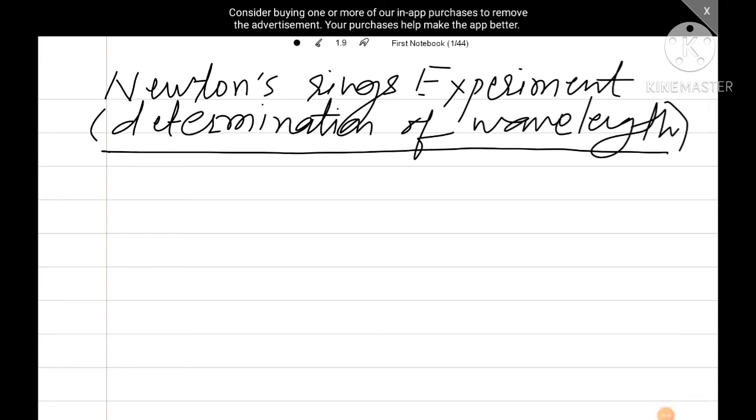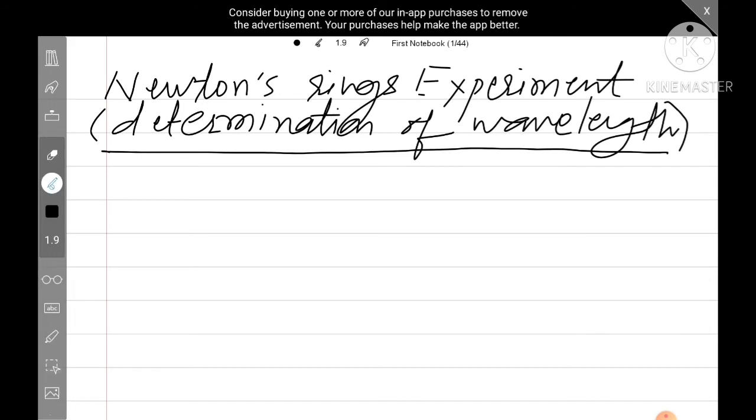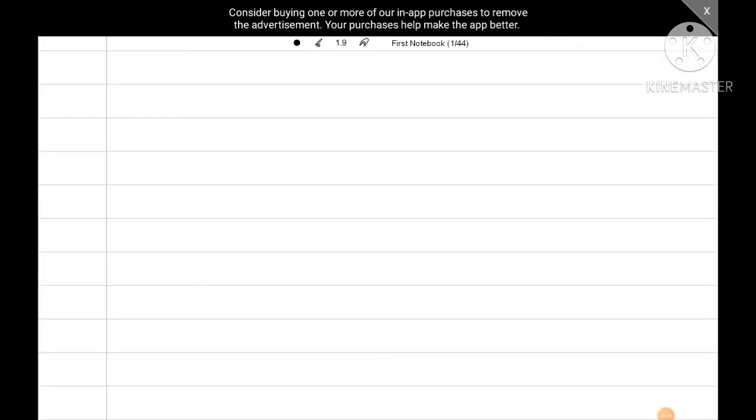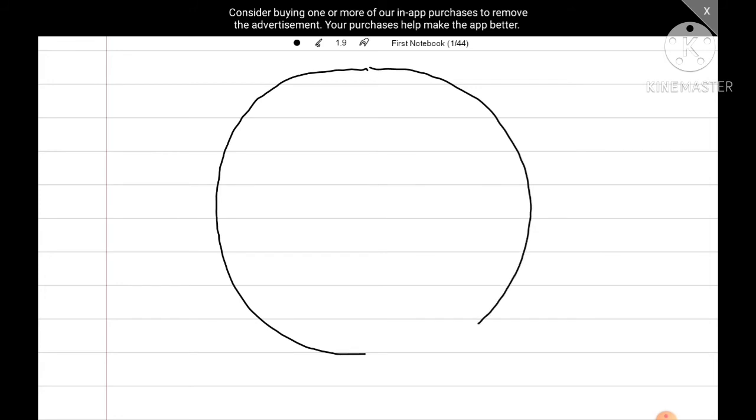To find the wavelength, actually here we have to consider the sphere from where the plano-convex lens is obtained. Suppose this is the sphere.